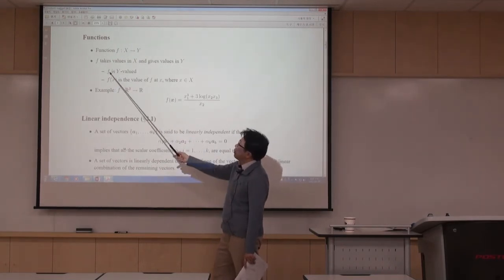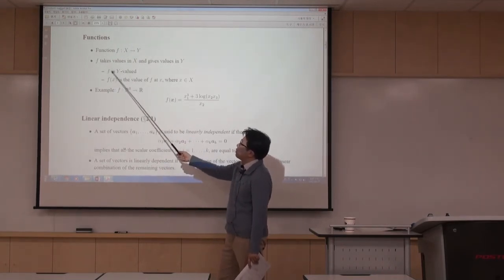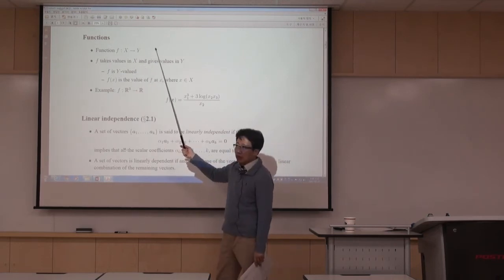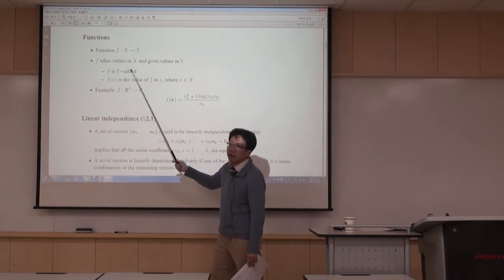So what we call is that f is Y valued. For example, suppose Y is the set R, the set of real numbers. Then f is called a real valued function.